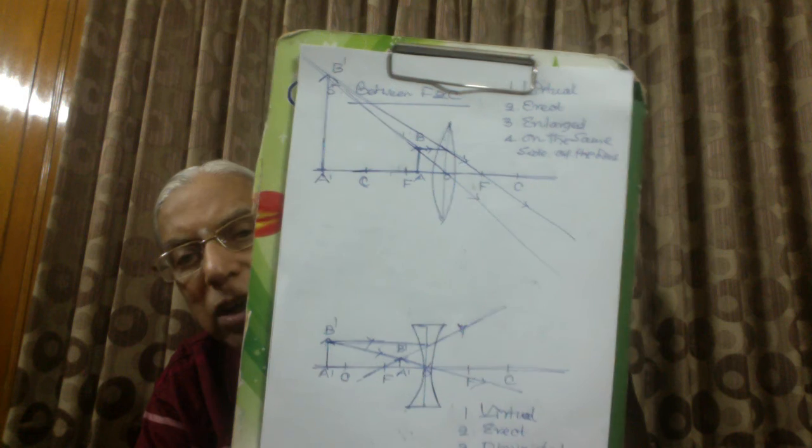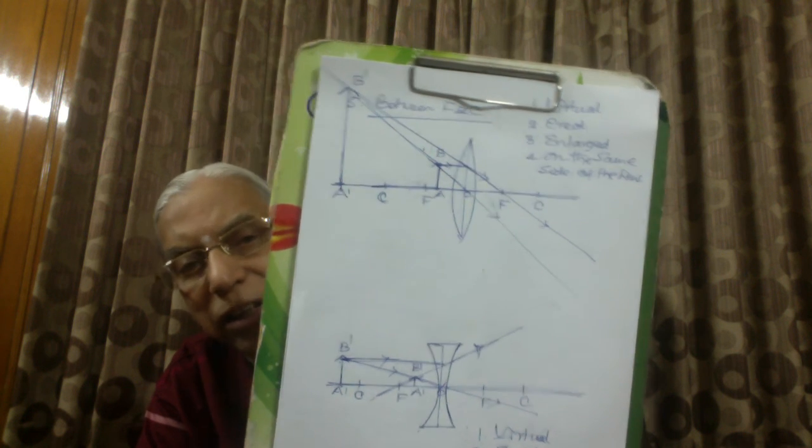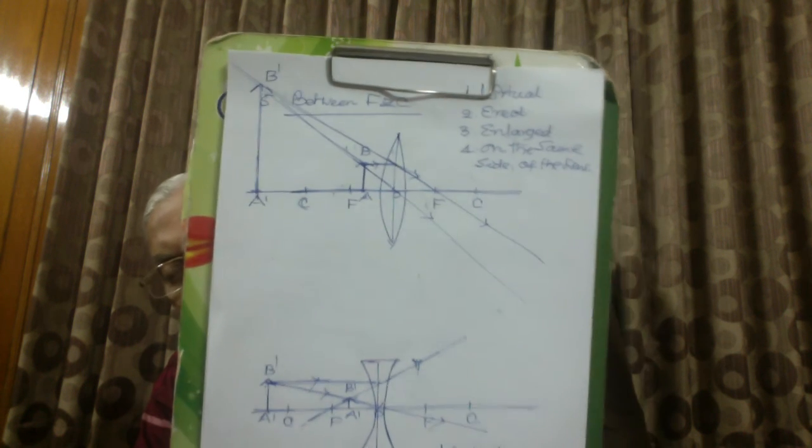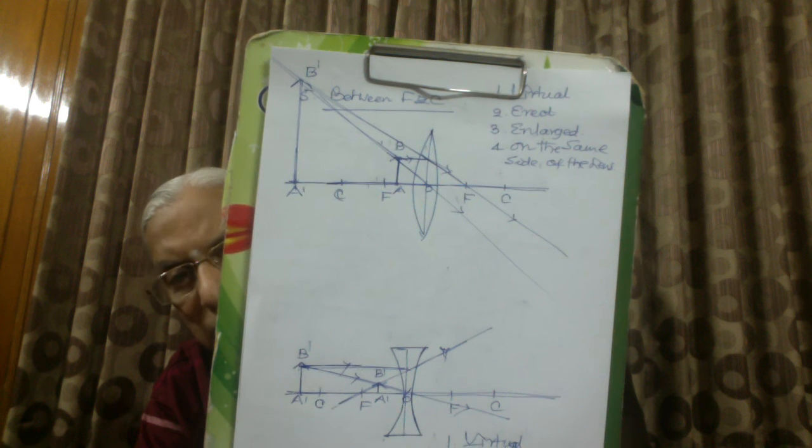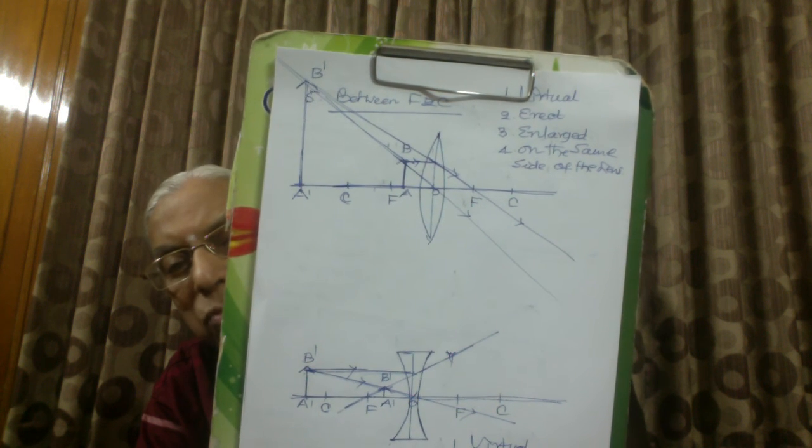Because it is virtual, it is erect. From the figure, you can see that it is an enlarged image formed on the same side of the lens. That's how you construct the images in the case of a convex lens.